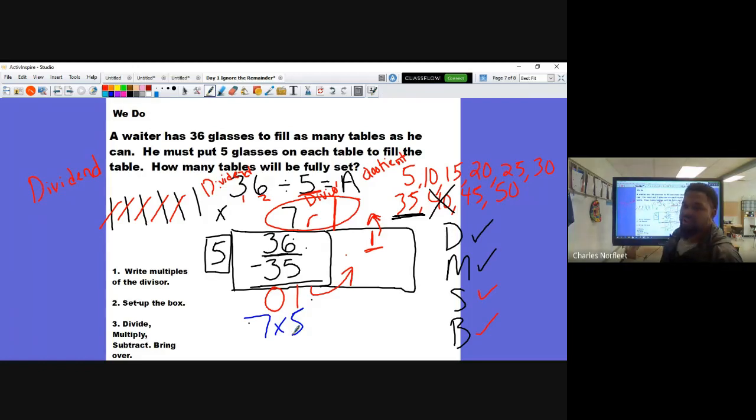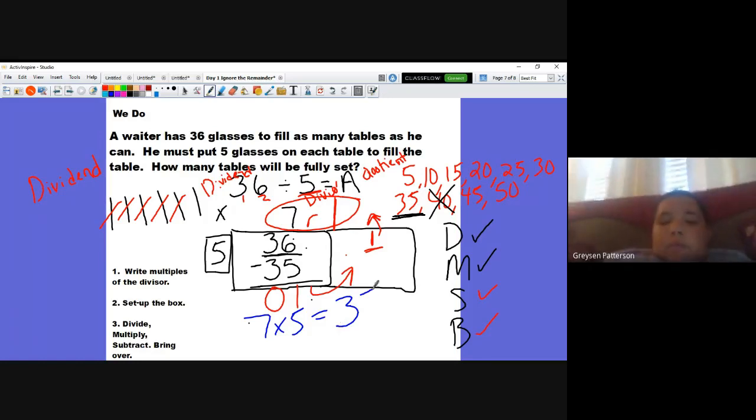You remember the name of that property, Grayson? That says I can write it either way, and I'm going to get the same answer. It's the commutative property.